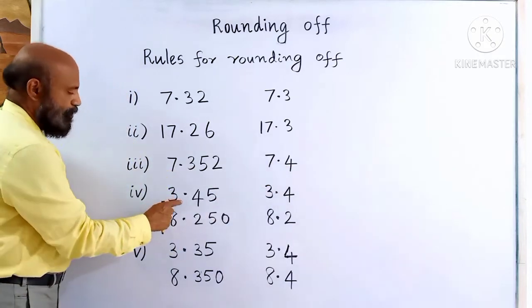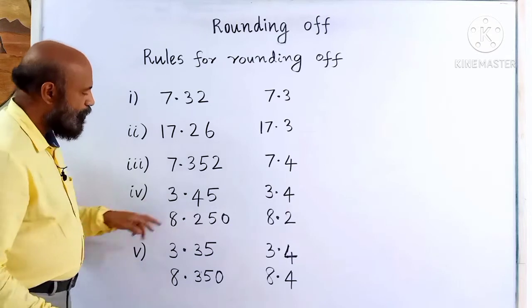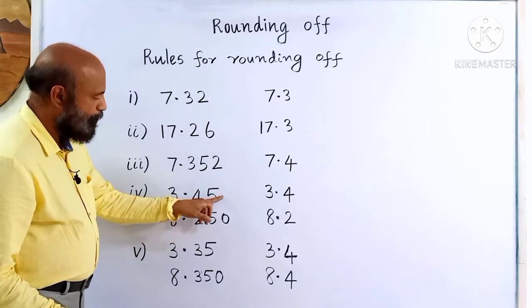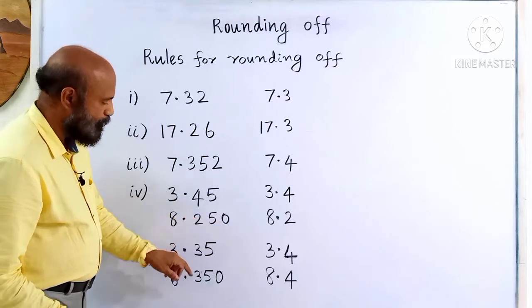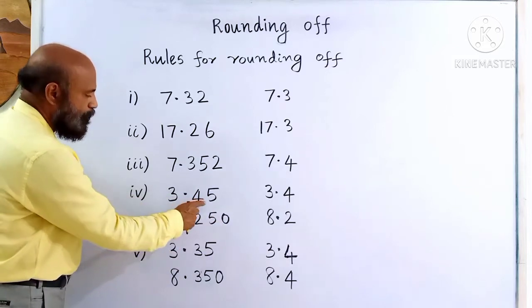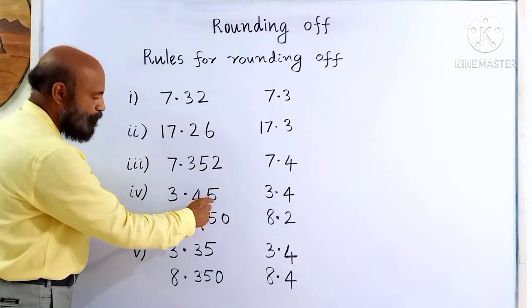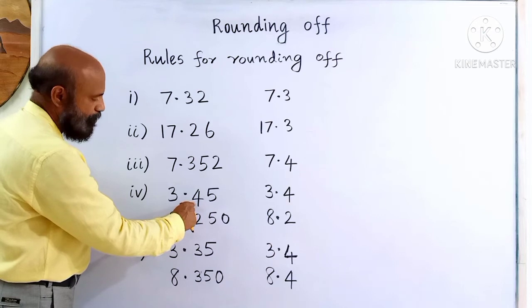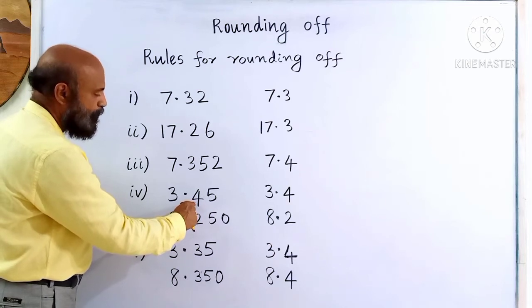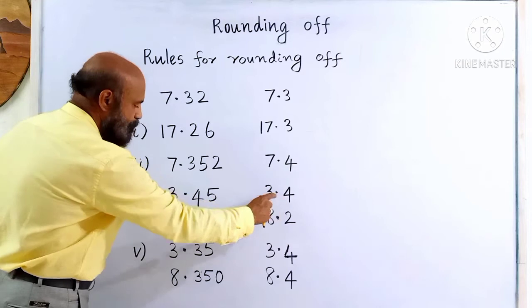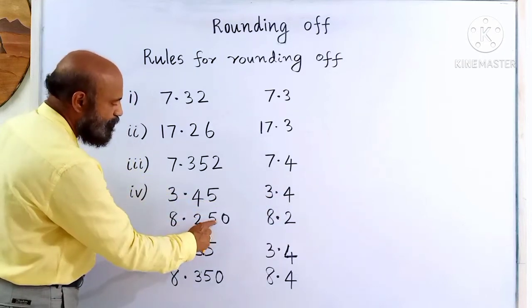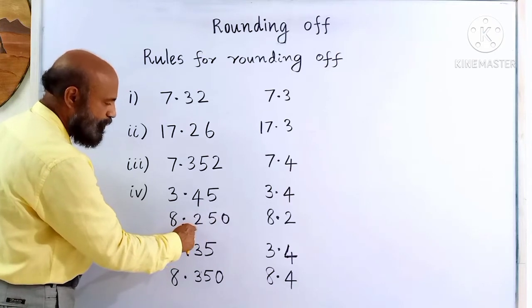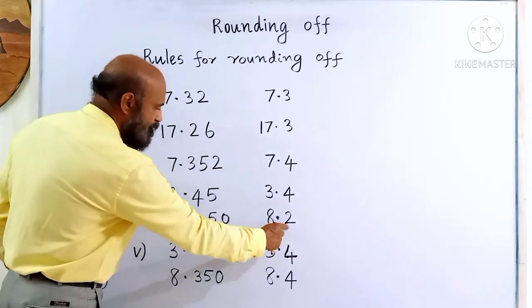7.4. In these two cases, 5 is followed by no number. Here 5 is followed by 0. So if it is to be dropped, you see the preceding digit. So it is an even number. Even number means it is left unchanged. So you can see 5 followed by 0, then if it is even, it is unchanged.